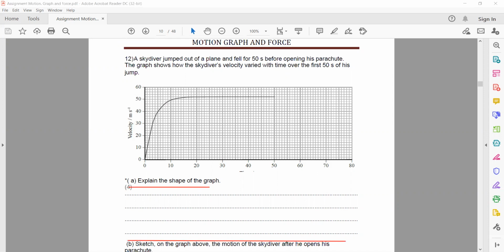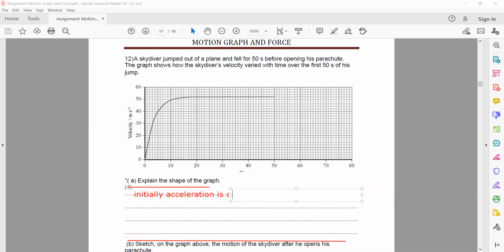Initially, you can clearly see he has an initial acceleration, that will be due to gravity. So initially, acceleration is due to gravity. No frictional force or air resistance, so it will have a maximum acceleration at the beginning.